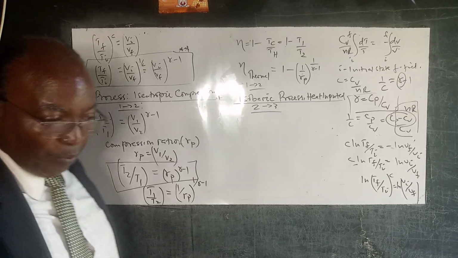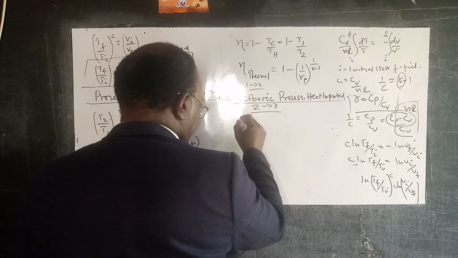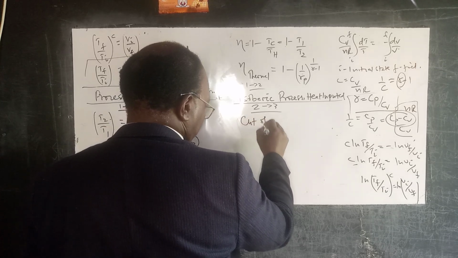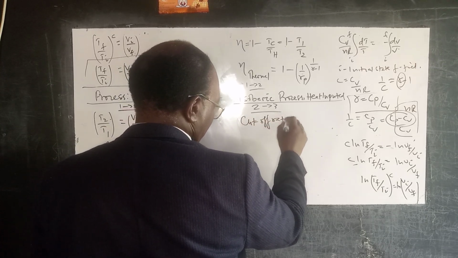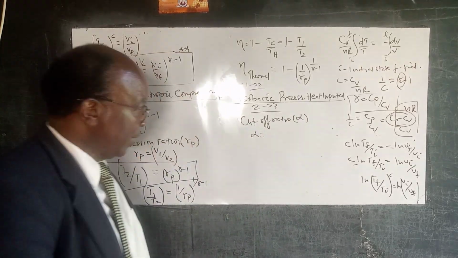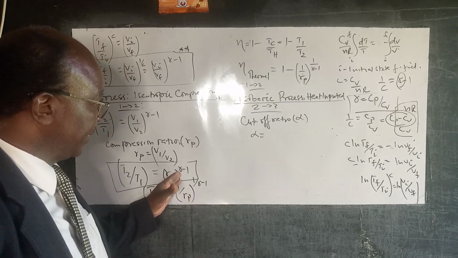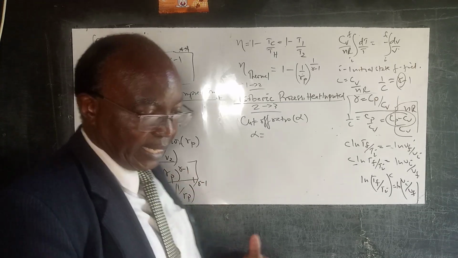In this step 2 to 3, why are we interested in it? It has the cutoff ratio. We introduce the term cutoff ratio alpha. And that cutoff ratio alpha, I always want you to remember that in certain cases they talk of the ratio of heat capacity Cp over Cv as kappa.